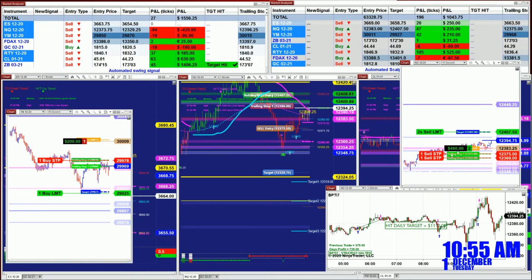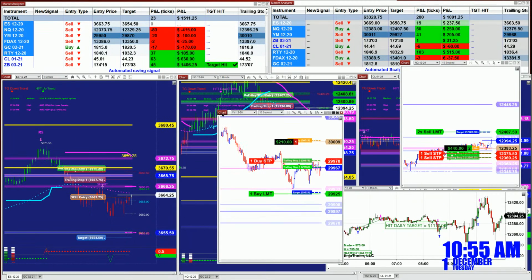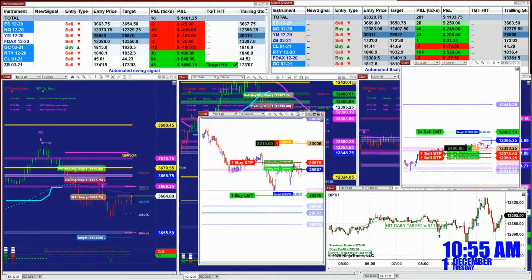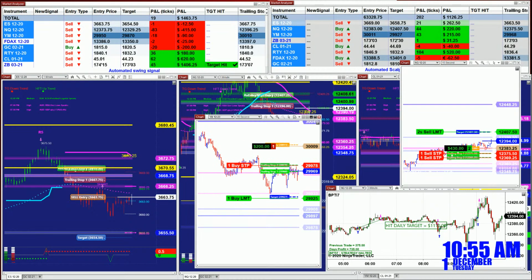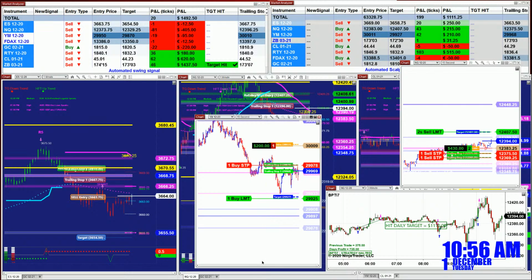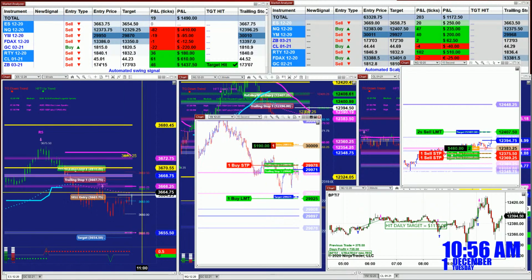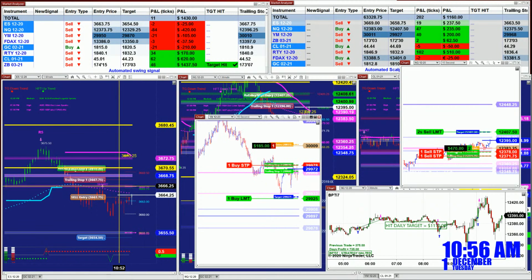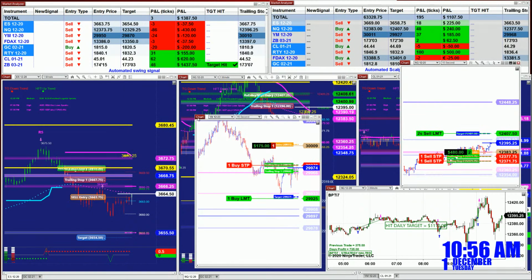I was right. We still have one trade on the YM, and it's not going to go anywhere. But we picked up a little money out of it. So whatever we can pick.